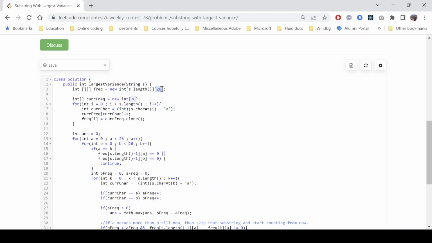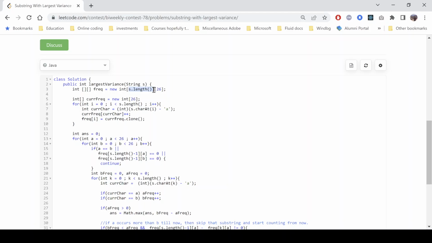As soon as we encounter the first character, for frequency of 0, that means for the first index, we will have just one character having a value 1, and the rest all 25 will be 0. So that means for every index i of s.length we are keeping track of a snapshot of our frequency till now of all the 26 characters. So that's why we have created a 2D array.